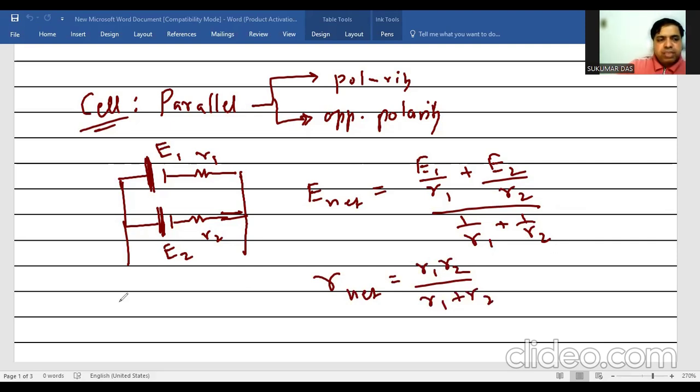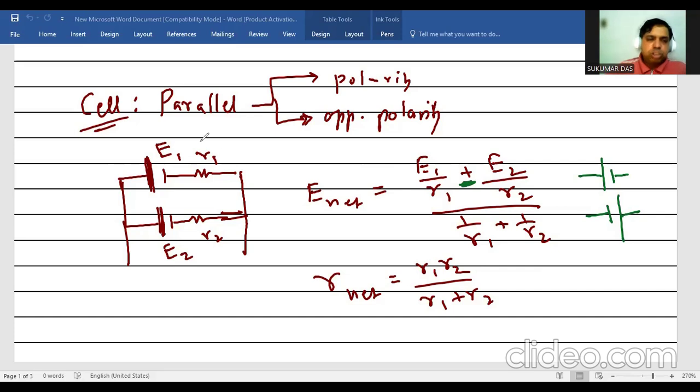Now, if the same two cells are connected in opposite polarity, for example, one is connected like this and another is connected like this, in that scenario, only this minus sign, we will put minus sign here only. Don't write minus sign in the denominator. And also, the net resistance will not change.